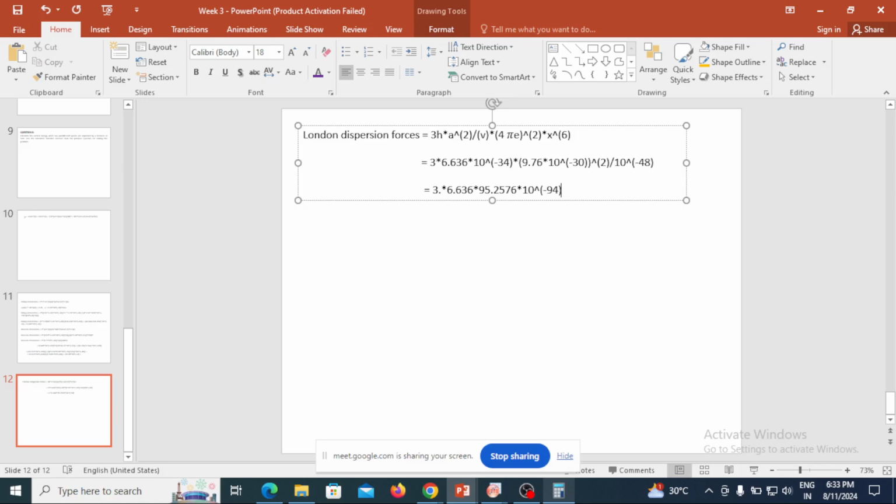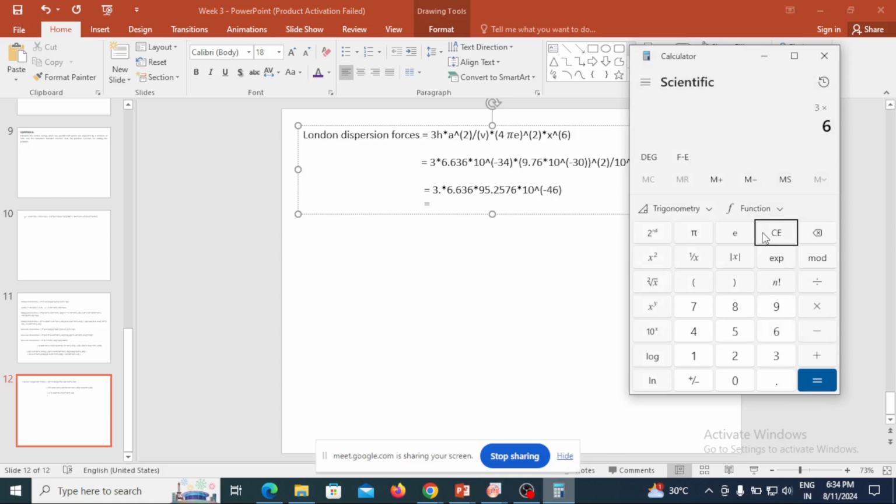So when that comes up, minus 94 plus 48, right? So that will be around 46. Yes. So what is the x value for this? Can anyone let me know?